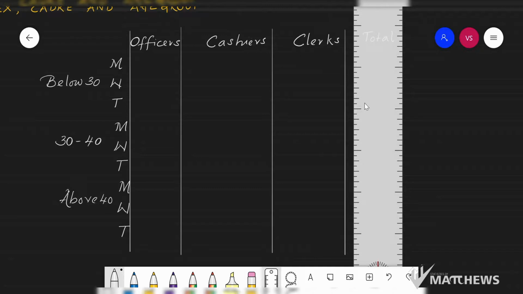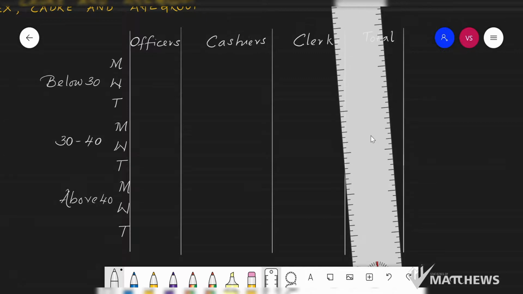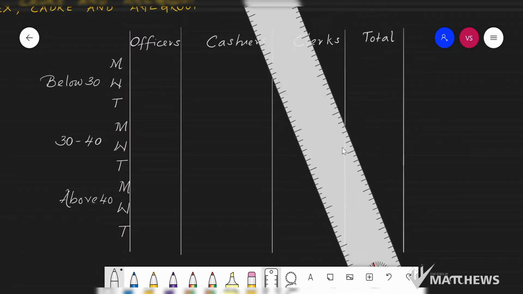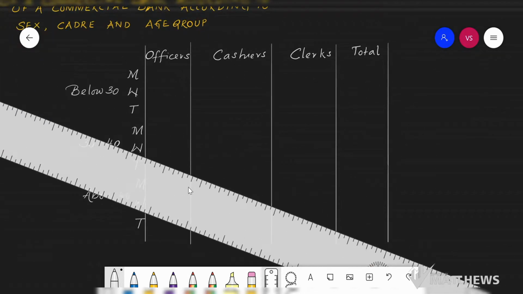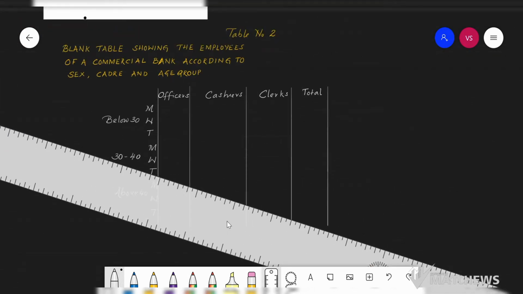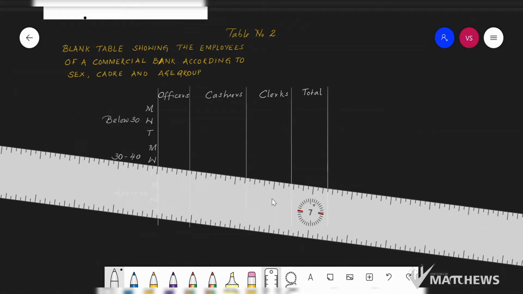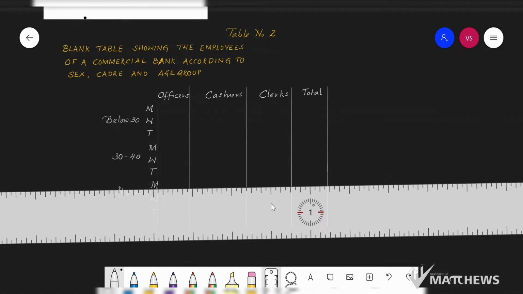That's it. So usually for every diagram, whenever we are making rows and columns, neatness must be presented. Students, neatness should be there, and equal width. So it should look like this.